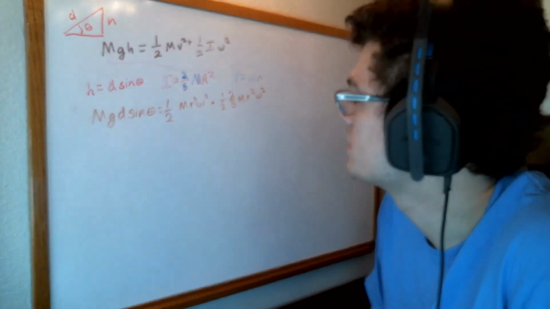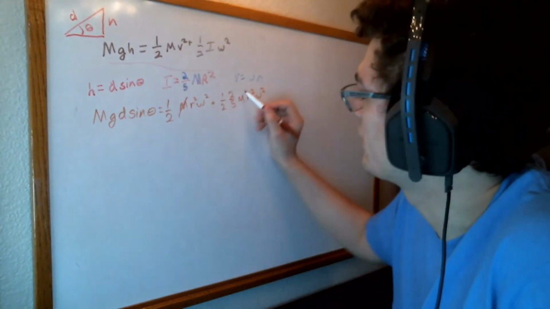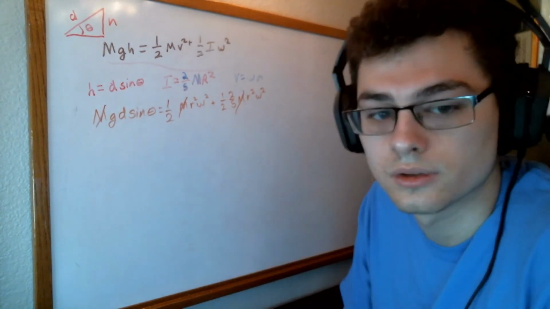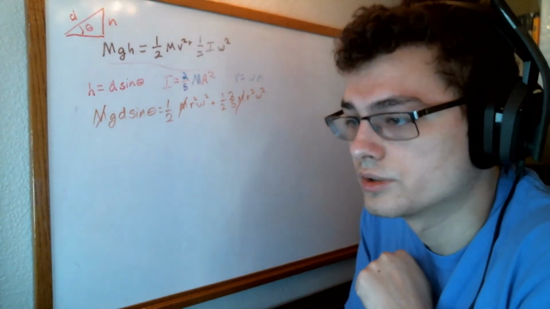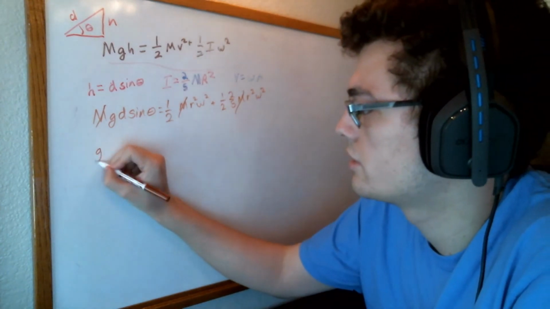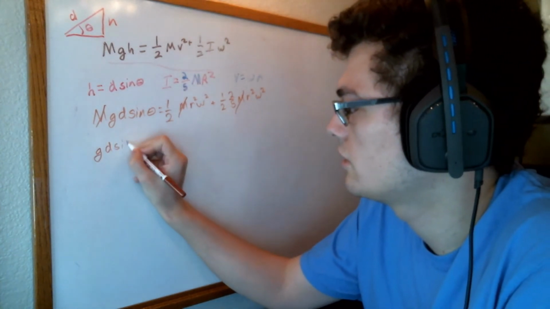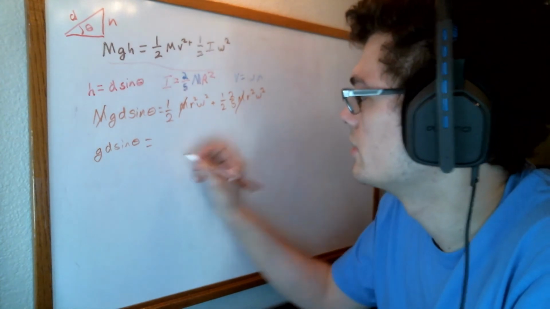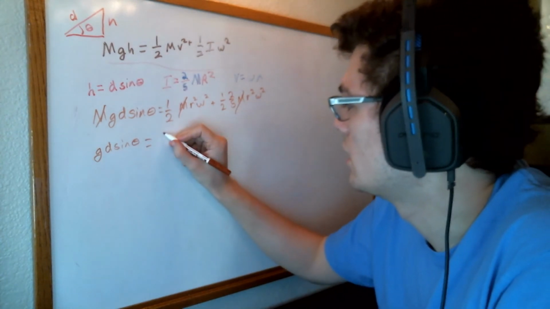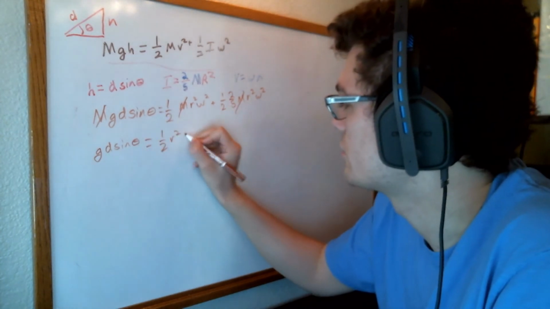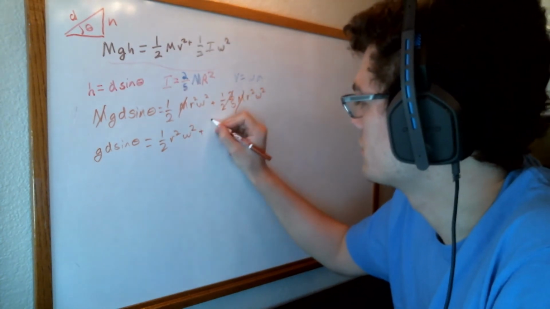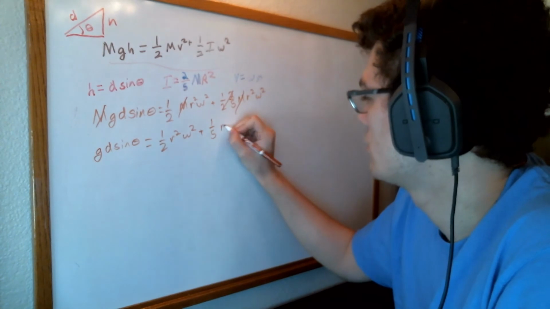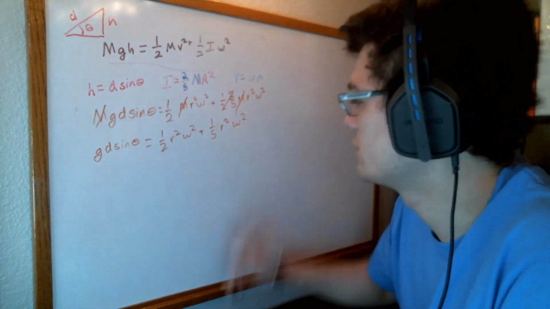So we can see right off the bat that the m's cancel, and you're just going to be left with g d sine theta equal to 1/2 r squared omega squared. The 2's here cancel out, and so this will be 1/5 r squared omega squared.